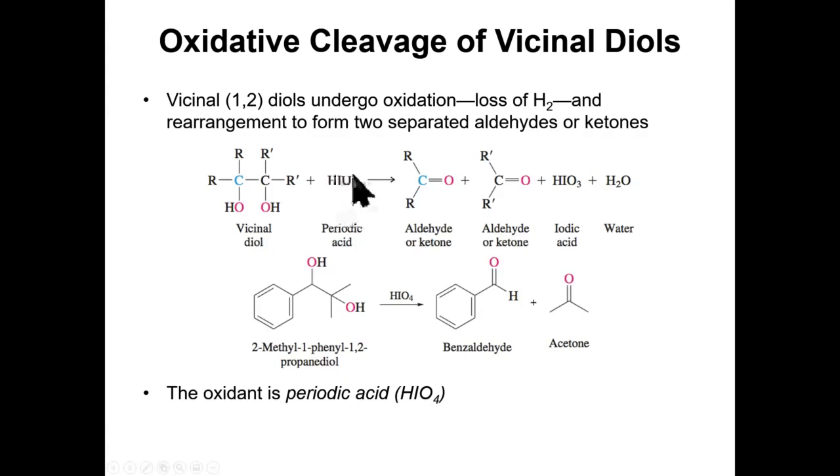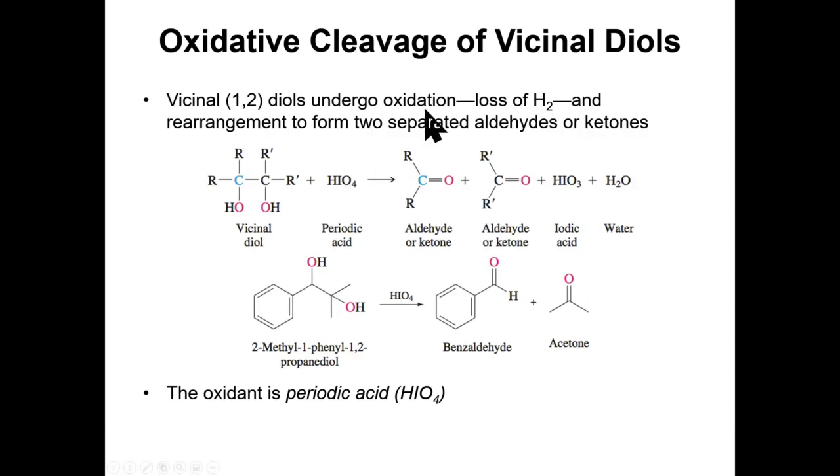The reaction mechanism is kind of interesting. When HIO4 reacts with a vicinal diol, it leads to the cleavage of the C-C bond in the vicinal diol, and basically gives you 2 carbonyl compounds. So this reaction can be understood in a similar way as the ozonolysis.